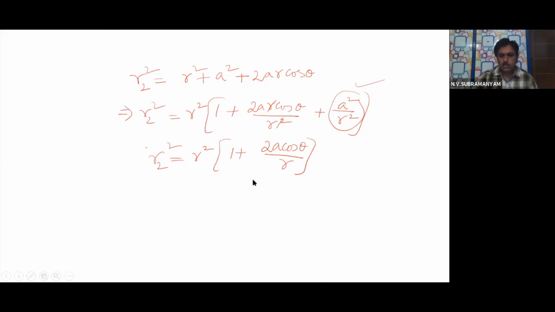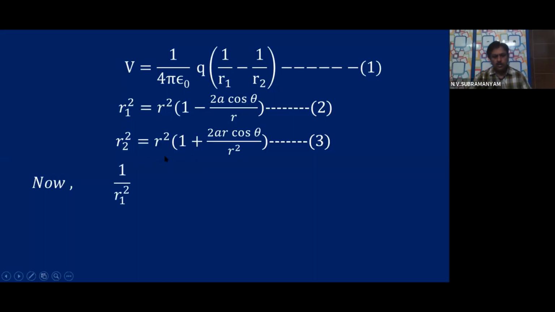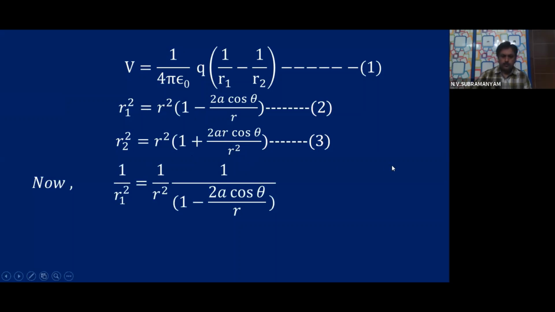Okay, so that's what I am going to show you here. See carefully. r2 square is r square into 1 plus 2a cos theta by r, with 2ar by r square. One minute, children. Please remember this 1 by r cancels.